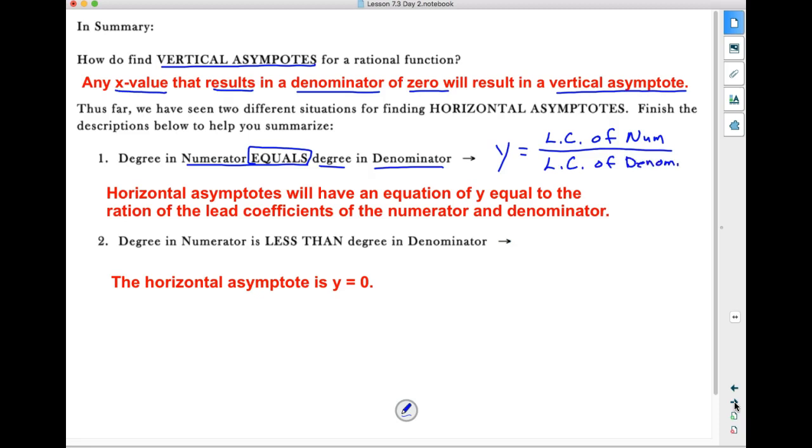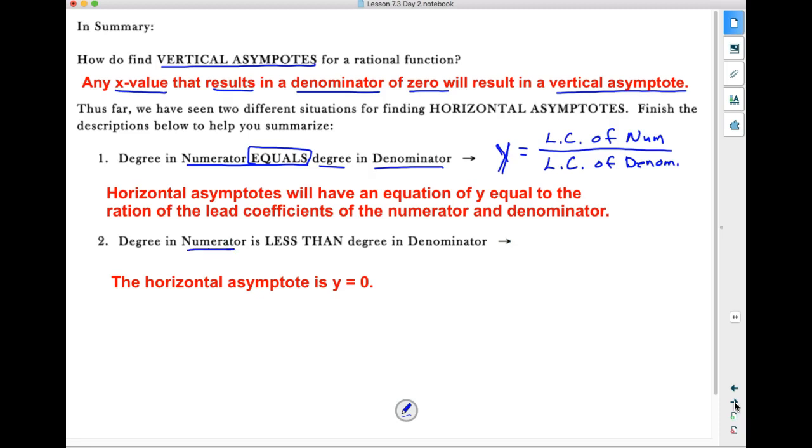Now remember, lead coefficient is not the number that is written first. It is the number that is attached to the largest power of x in both top and bottom. You just set them up as a ratio, and y equals whatever that ratio equals. That's your horizontal asymptote.